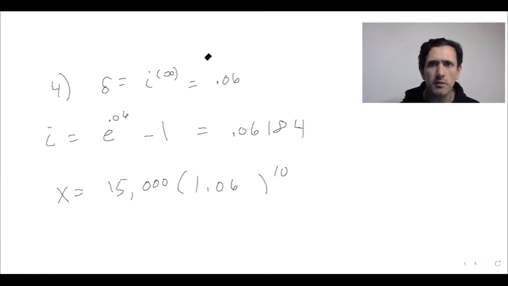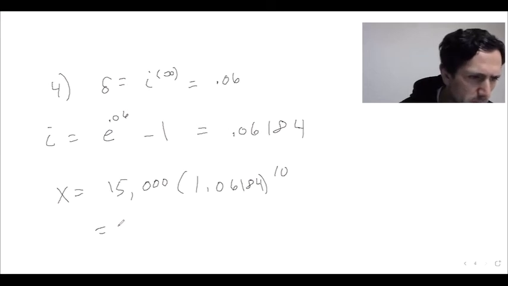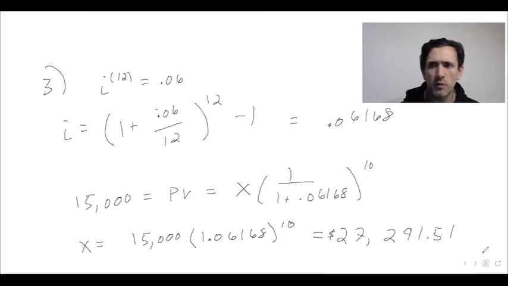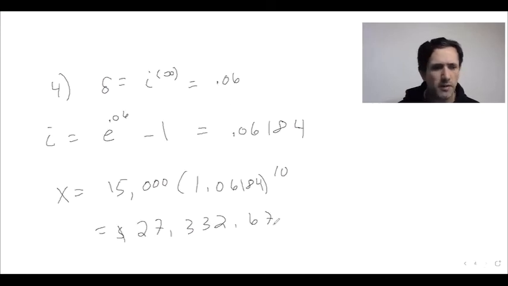Okay, sorry about that. And you put this into the calculator, you get 27,332 and 67 cents, which is awfully close to X in the previous example, 27,291.51. Only off by a few dollars.